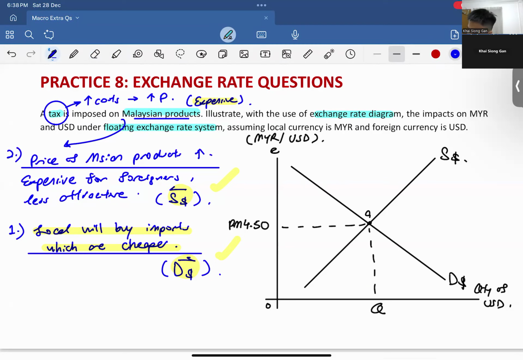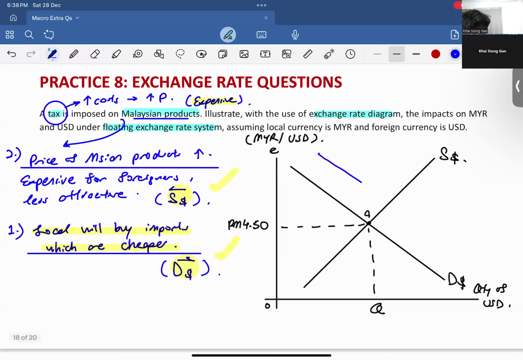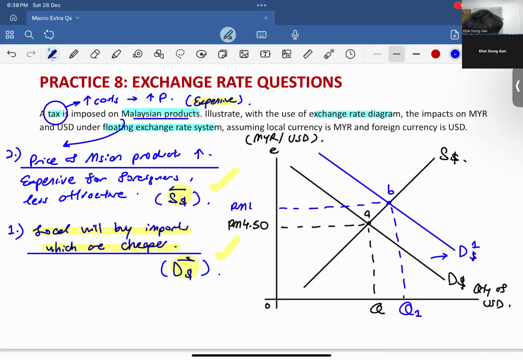So I show demand for US dollars first. Demand for US dollars increases because local people will prefer to buy the imports now. So now what happened here is quantity increases and here becomes 4.7, for example.